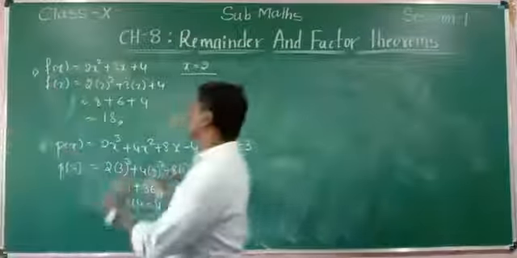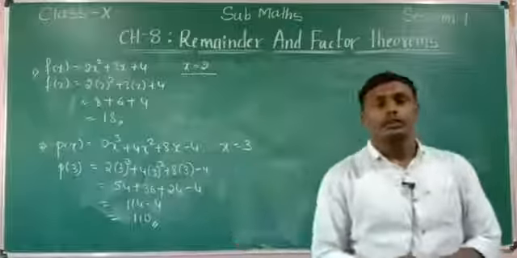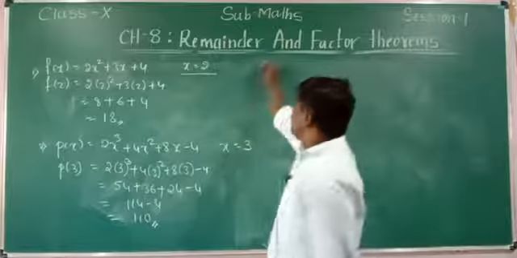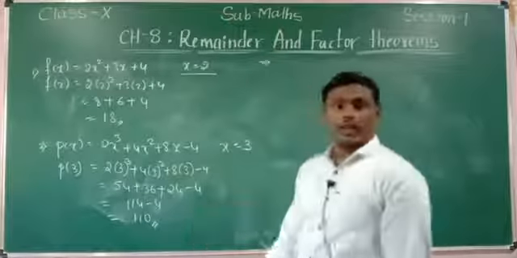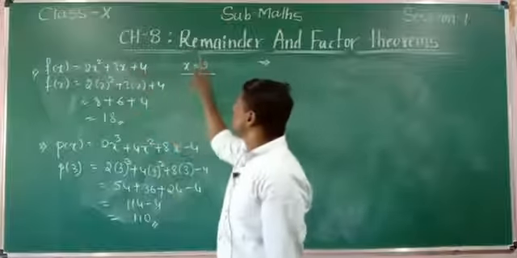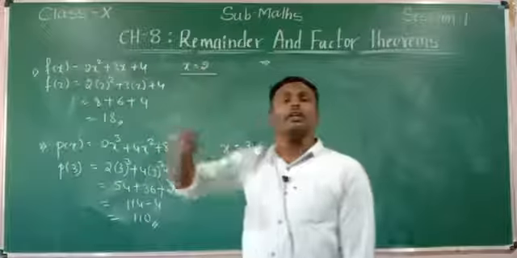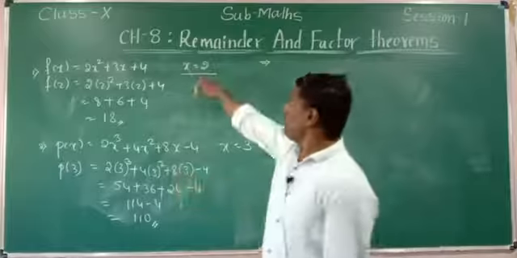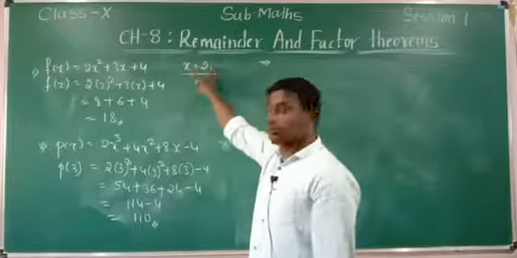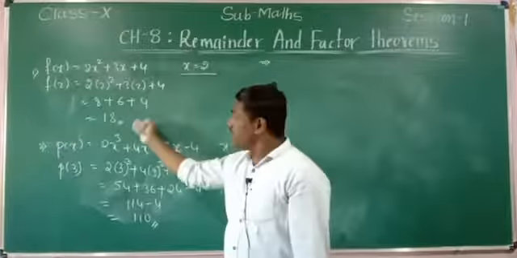So with the help of these two examples, you can conclude that the value of the whole expression depends on the value of the variable. Here I am taking x value as 2, so I get 18 as the answer.